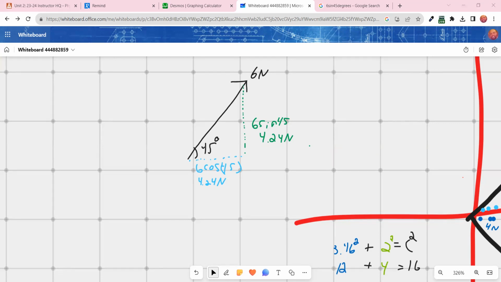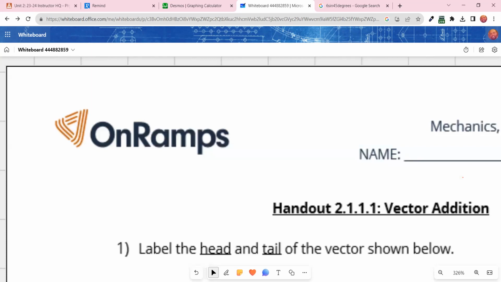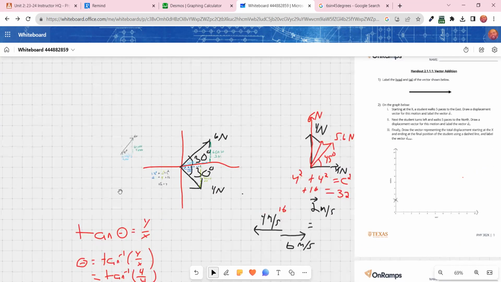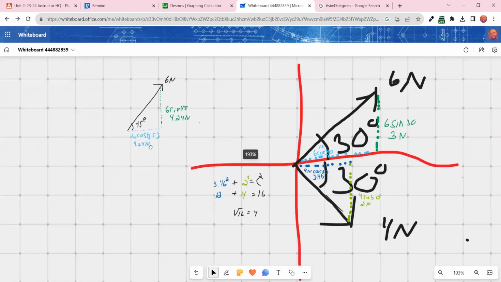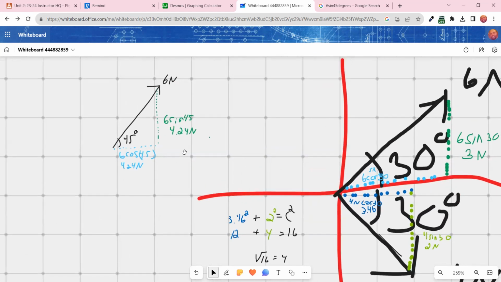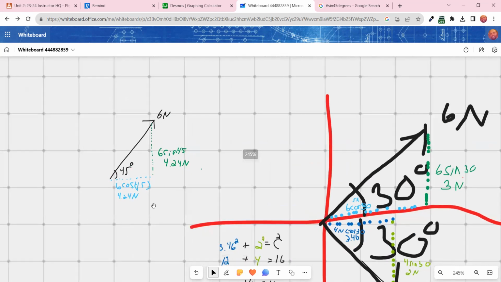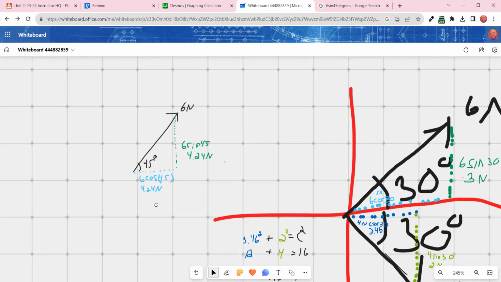Oh, tab maybe? Control Alt Delete? There we go. Cancel. Task manager. Okay, there we go. Okay. Y'all can see my screen, right? Can y'all hear me? Still? We can. Okay, all right. Sorry about that.